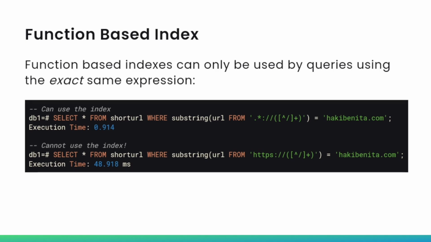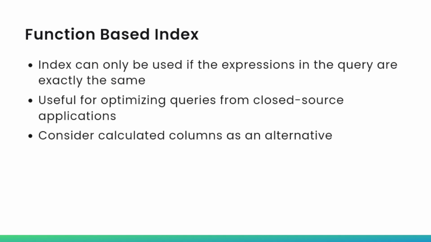However, if you look at the second query where the regular expression is slightly different, I added this HTTPS at the beginning, you can see that the timing is back to 15 milliseconds, meaning that the index was not used. The reason is that the expression is different. So with a function-based index, the index can only be used if you use the exact same expression.